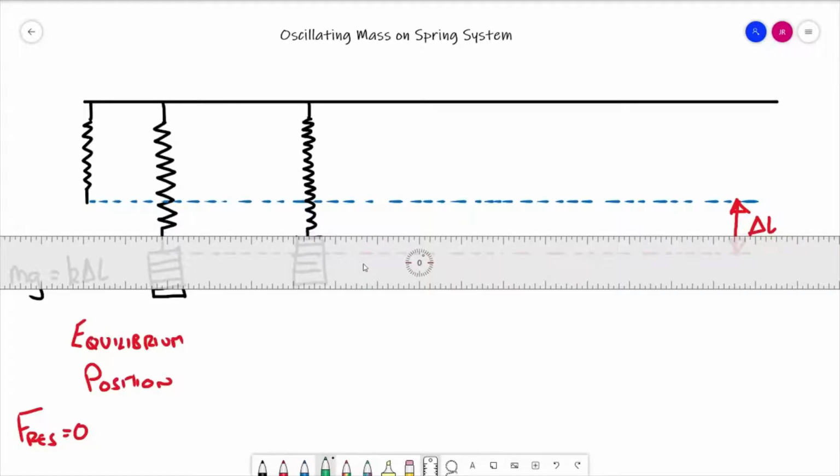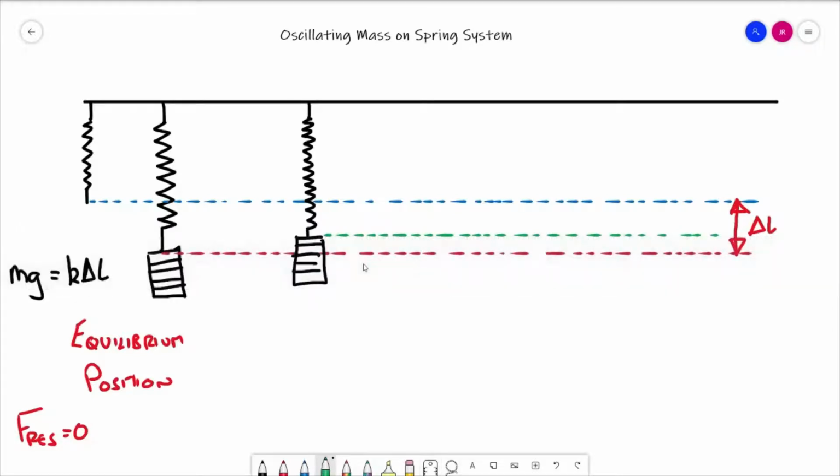And if I just draw that dotted line on there, the vertical displacement, which is going to be that displacement there, will be x, and this is now the displacement from the equilibrium position.